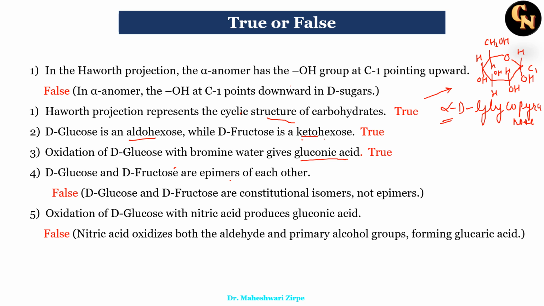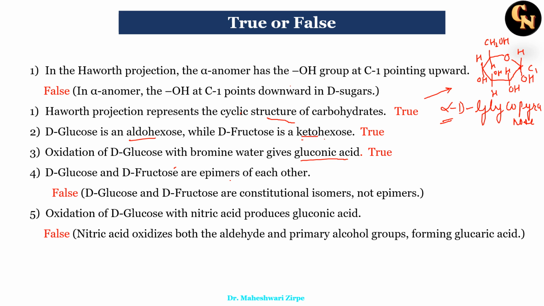Okay. So let us understand what is the difference between epimer and isomer. So basic difference between the epimer and isomer is, isomer definition you know. What is the definition of isomer? Isomer has same molecular formula but structural formula is different. Whereas epimer is such stereoisomers which differ only because of one chiral center's configuration.